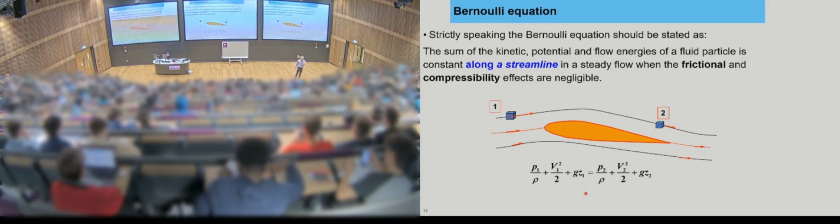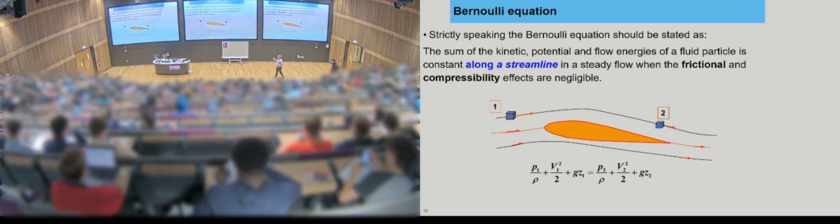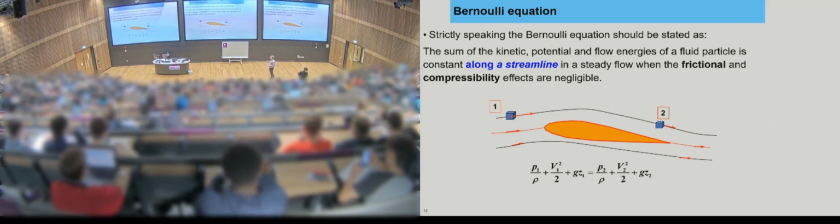Now, strictly speaking, the Bernoulli equation should be stated as: the sum of the kinetic, potential and flow energies of a fluid is constant along a streamline. So that's key point number one. So here's the streamline here. So it's constant there. It must be in a steady flow, where the frictional and compressibility effects are negligible.